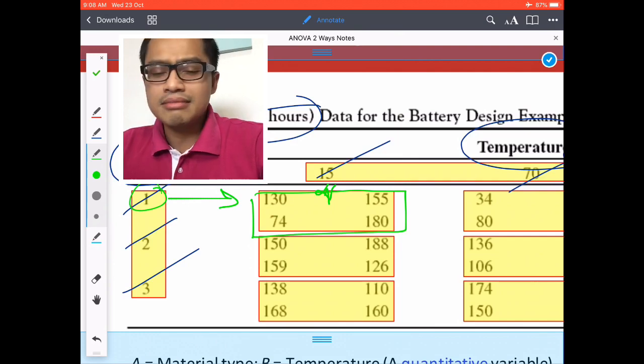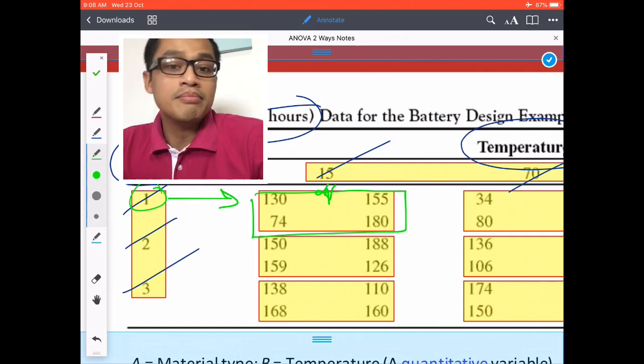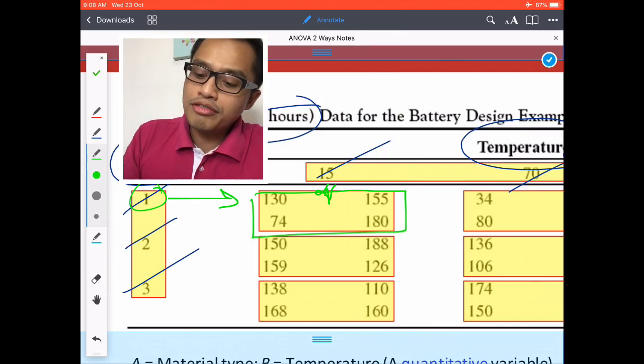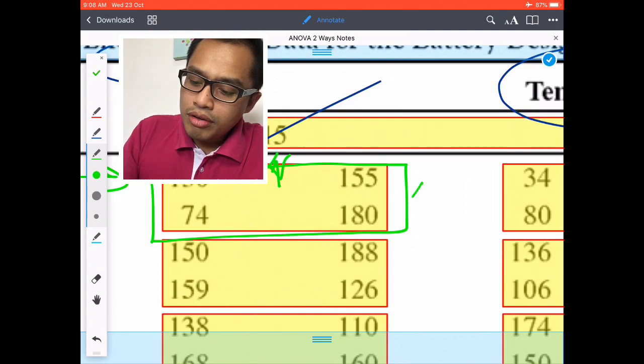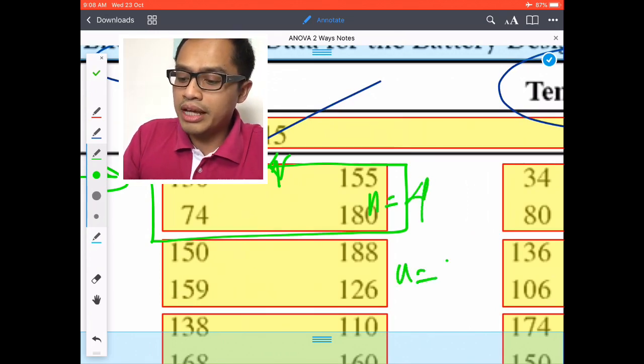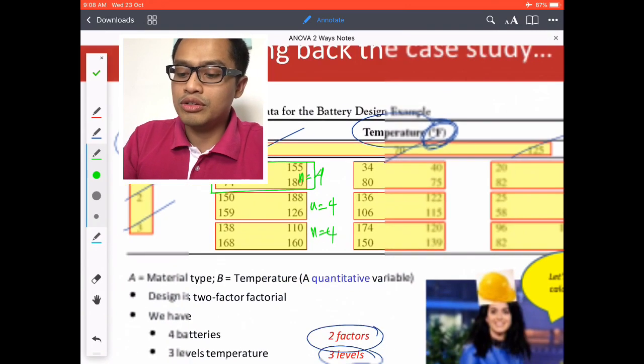Which one is the best? It doesn't matter. It's up to you. If you think that the first method, which is 1 battery used 4 times, or 4 different batteries of similar combination is the best, then it's your prerogative. So we have 4 replications. N equals 4 for all of these groups.